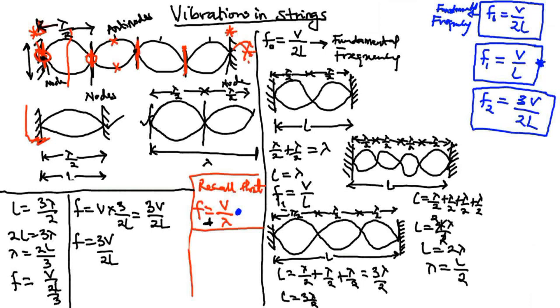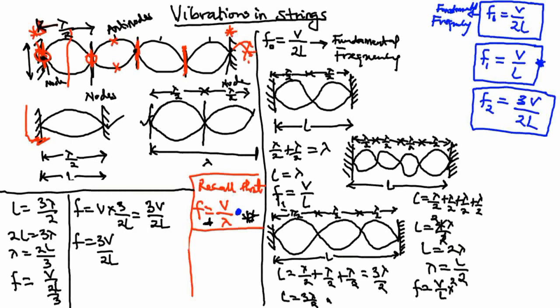Now, if I push it also into this, I will have that the frequency F will be equal to V over L times 2. You know, we're saying times 2 just like what we did here.